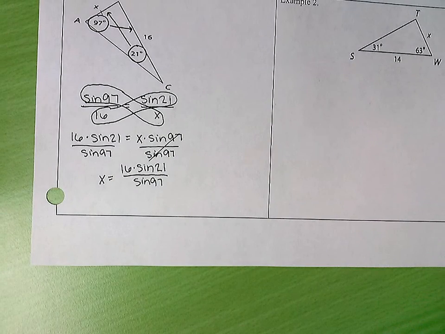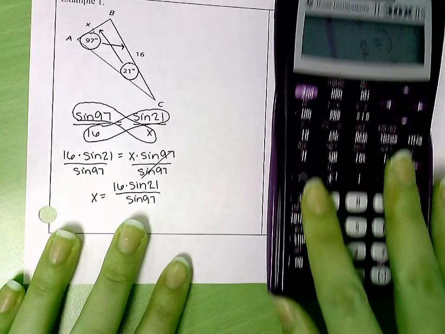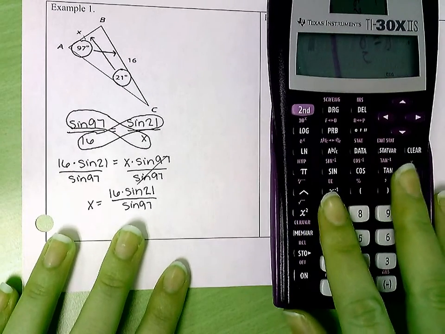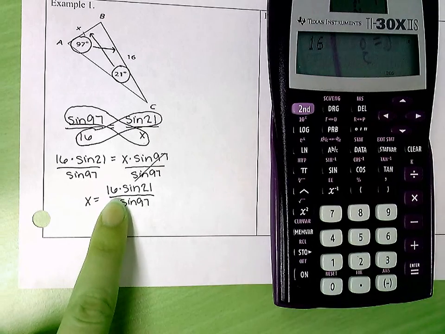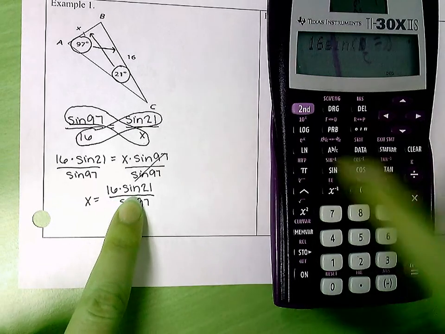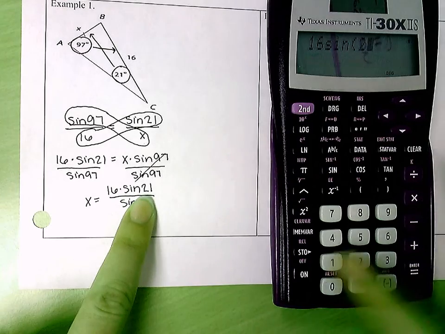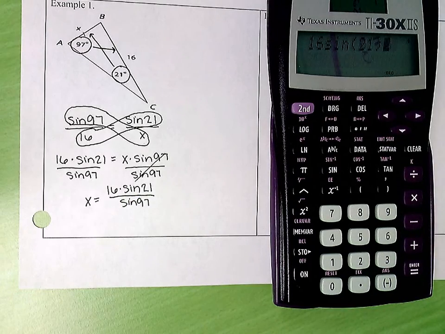I don't know where my calculator went. With this type of calculator here, we can take 16, press sine of 21, end your parenthesis.